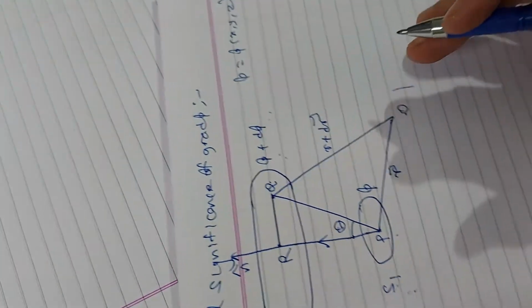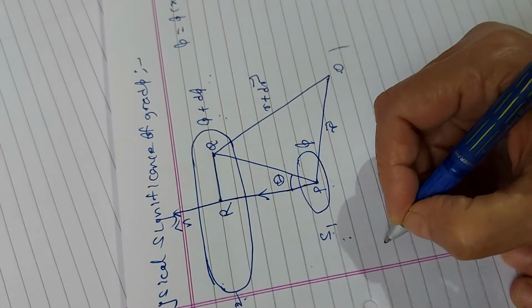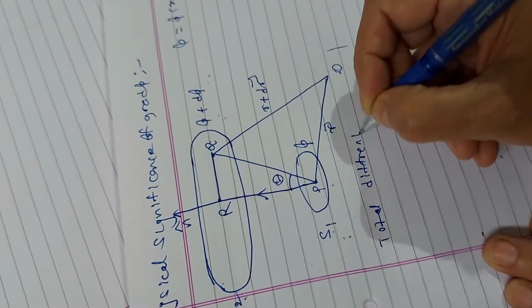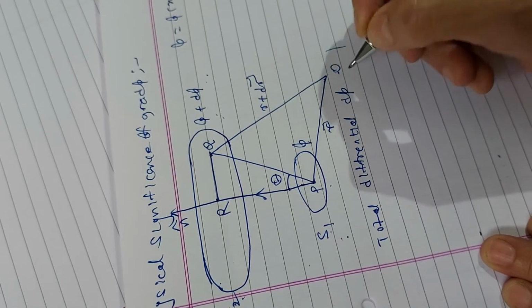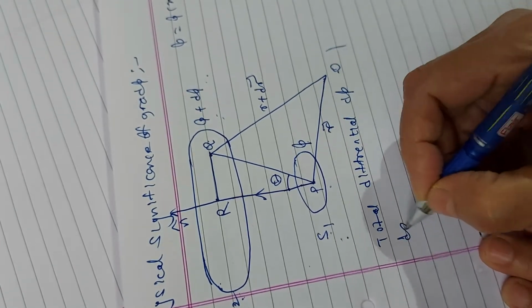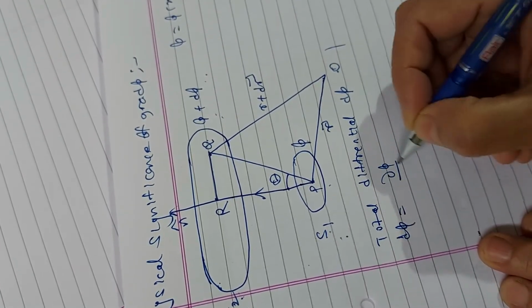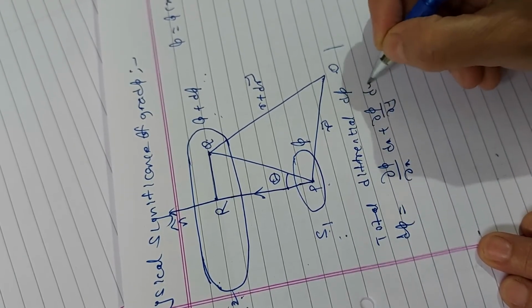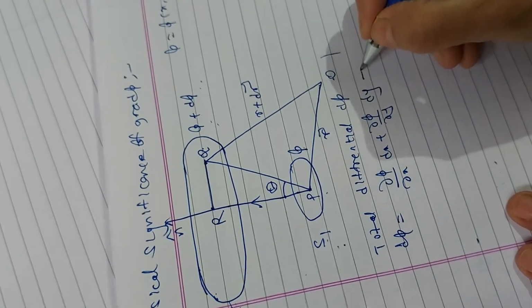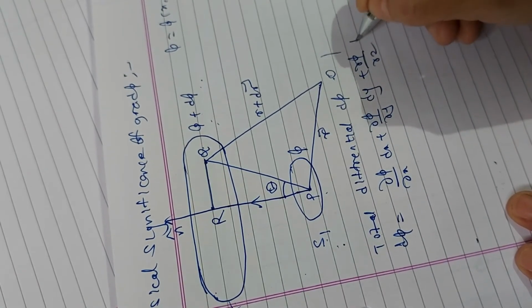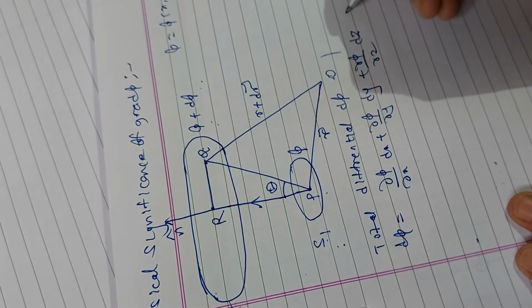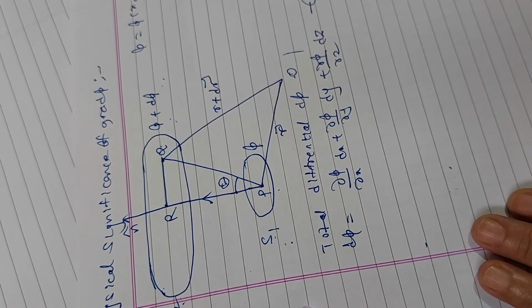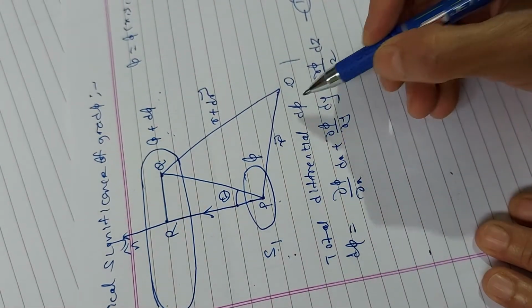So the total differential d phi is del phi by del x dx plus del phi by del y dy plus del phi by del z dz, equation number 1.